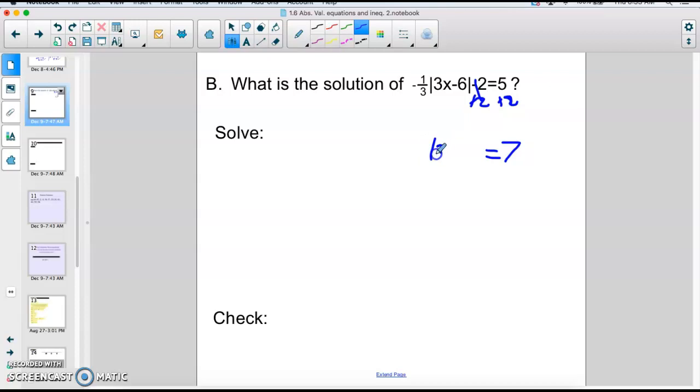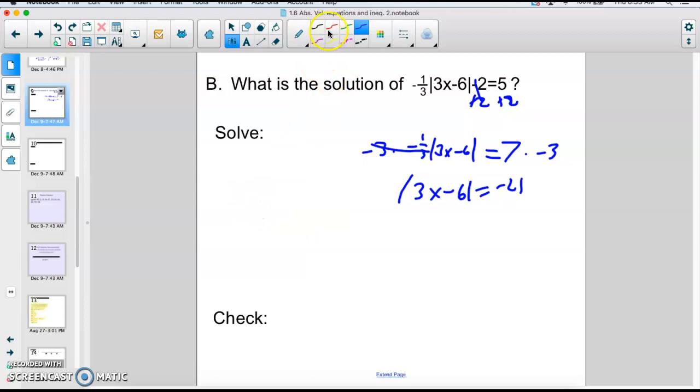And then absolute value of 3x minus 6 and negative 1/3. Now, dividing by negative 1/3 is the same as multiplying by negative 3. That cancels itself out here. We multiply also by negative 3 over here, and we get absolute value of 3x minus 6 equals negative 21.